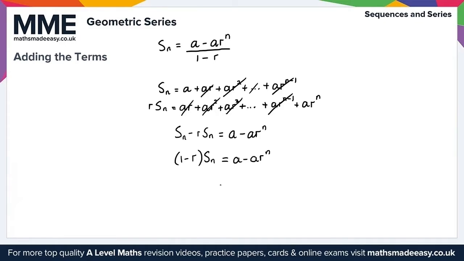And simply, we just want this formula in terms of Sn, so to get that here now, I'm just going to divide through by 1 minus r. So therefore, Sn here is equal to a minus ar to the n divided by 1 minus r there. And that gives us our formula for the sum of a geometric series for its first n terms there.